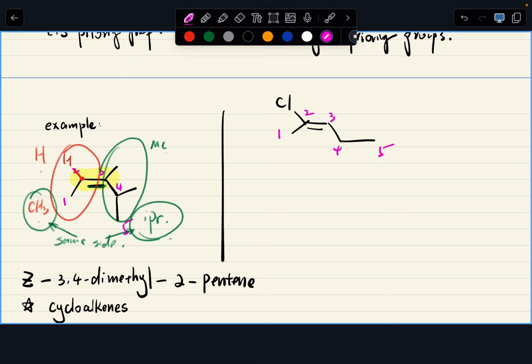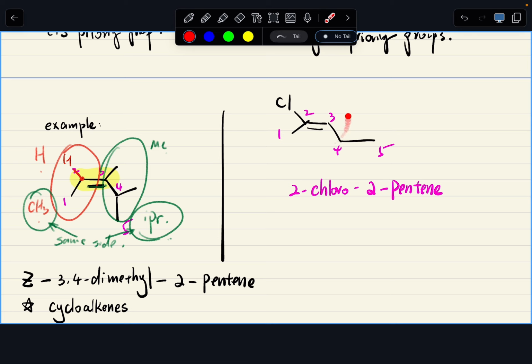I started from the left so that my double bond is at carbon 2. So again, this is a pentane, and it is some kind of 2-pentene. And then I add my substituents on there. Well, in this case, I only have 1 chloro group on my carbon 2. So I add my 2-chloro.